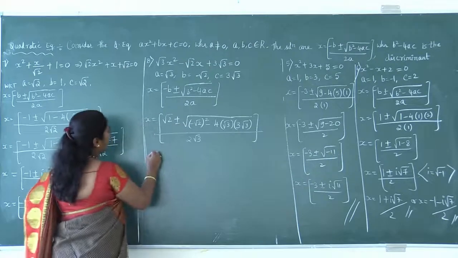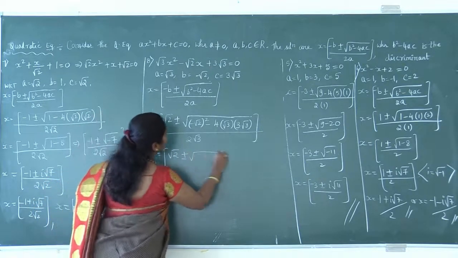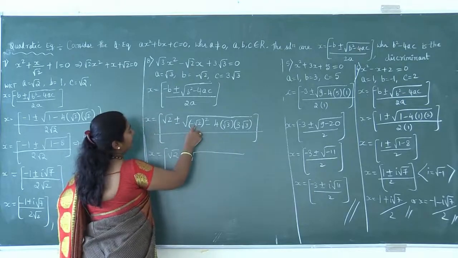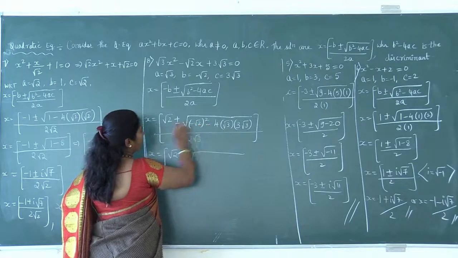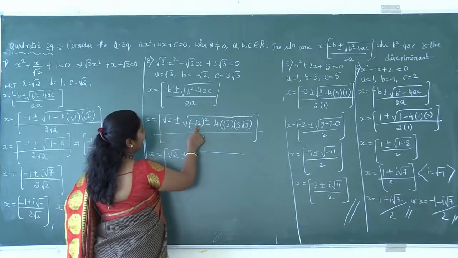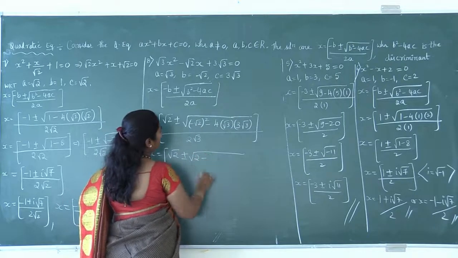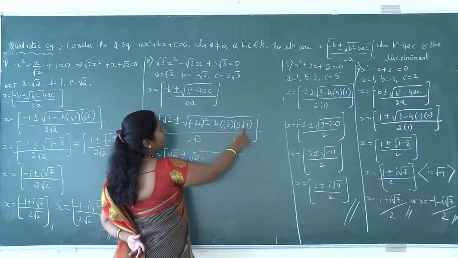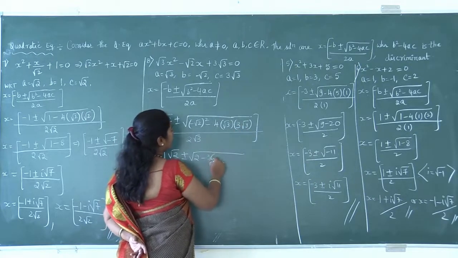Now this is x is equal to root 2 plus or minus square root of, the square root and the square get cancelled, minus whole square will be plus, and what remains? 2. So it is 2 minus root 3 into root 3, 3. 3 3s are 9. 9 4s are 36.